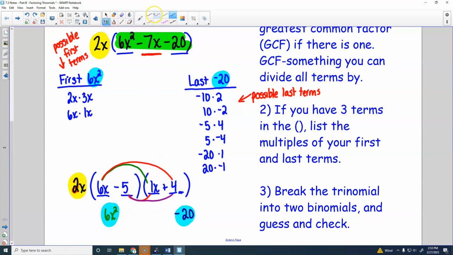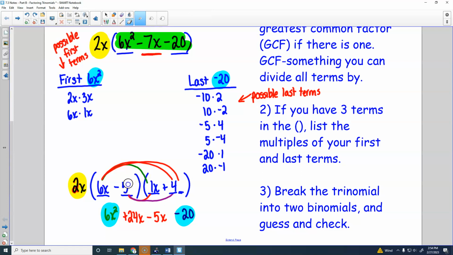Notice that I'm not really erasing what I've done here for the 6x squared and the negative 20x, because that should always be the same. So if I do my outside terms, my 6x times my 4, I get positive 24x, and right here I'm going to get minus 5x. Is that going to give me negative 7? No.